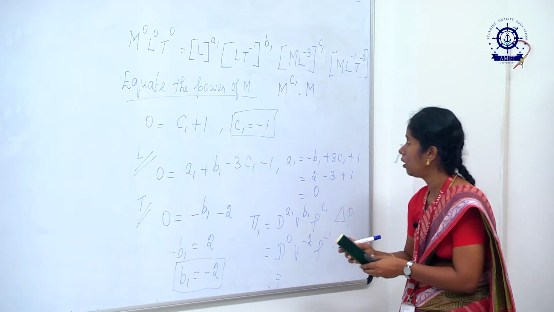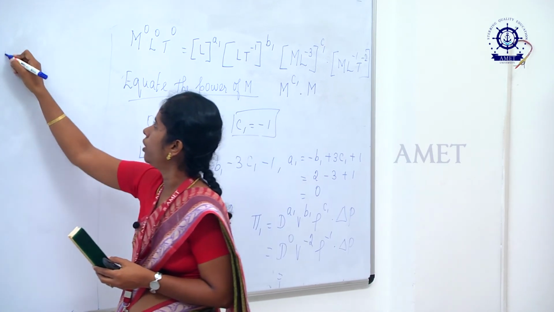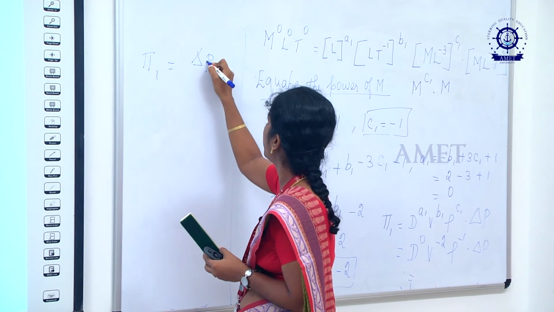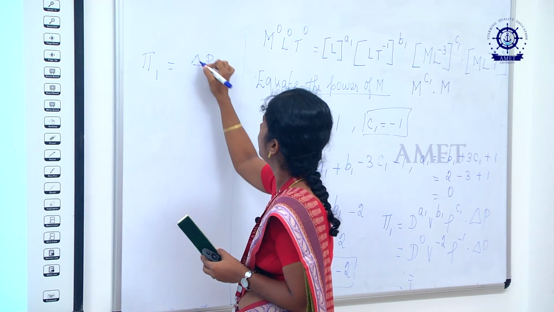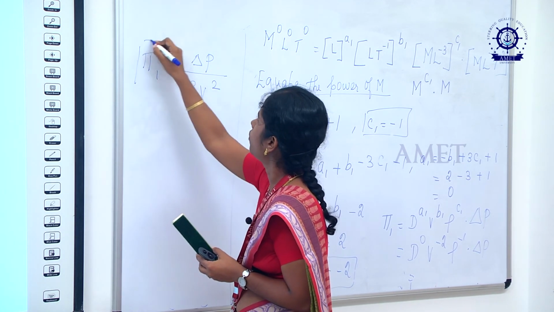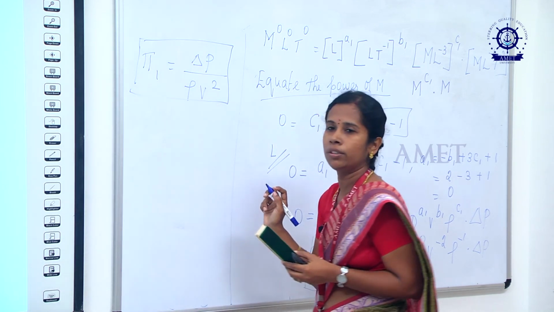I will write this way: pi 1 can be said as delta P divided by rho v square. This is the first pi term we have found using Buckingham's pi theorem.